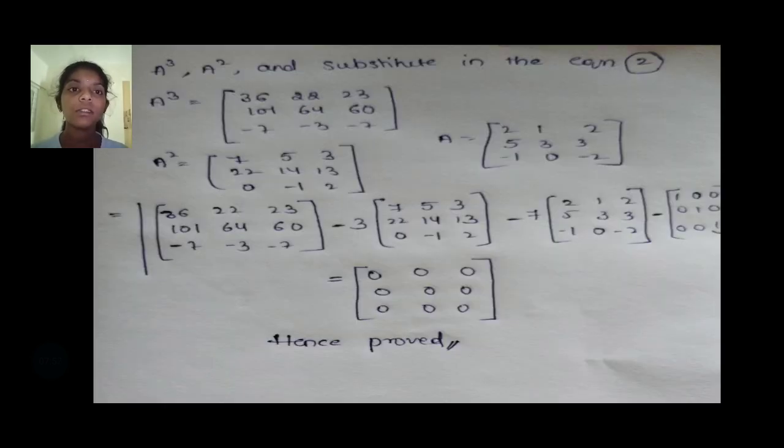Here A cube equals [36, 22, 23; 101, 64, 60; minus 7, minus 3, minus 2]. And also we have A square and the A matrix. So substitute all this A cube, A square, A and also the unit matrix in the second equation. Then we get the zero matrix. Hence the Cayley-Hamilton theorem is proved.